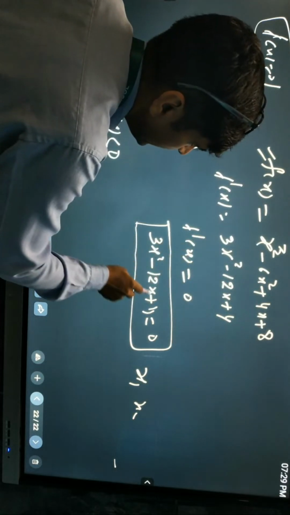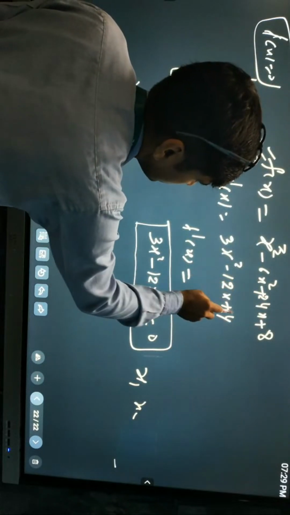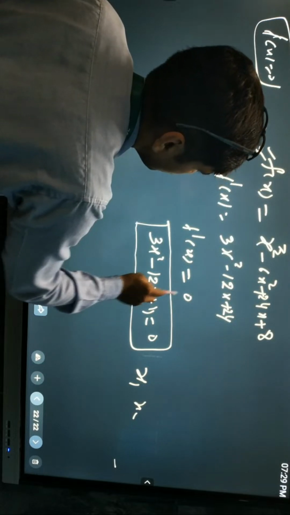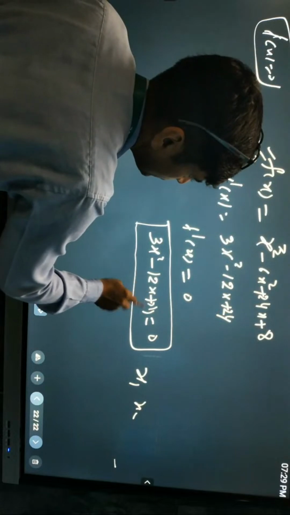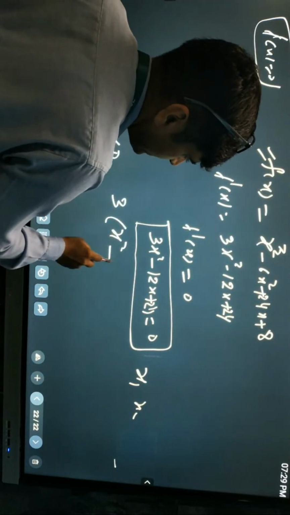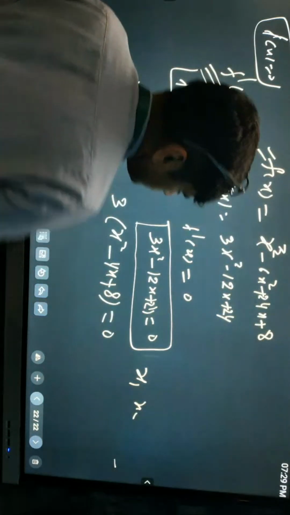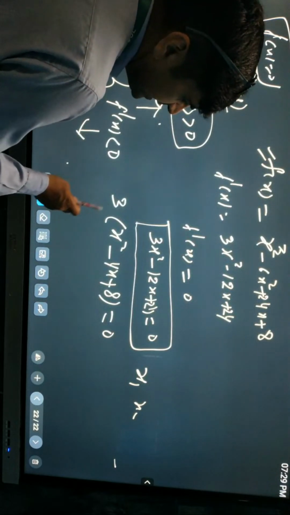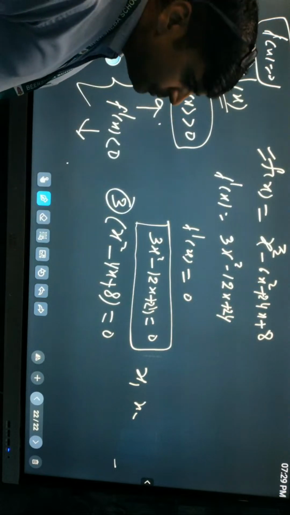Now we take 3 as common, so this will be x square minus 4x plus 8 equals 0. Now after solving this, we get two values of x.